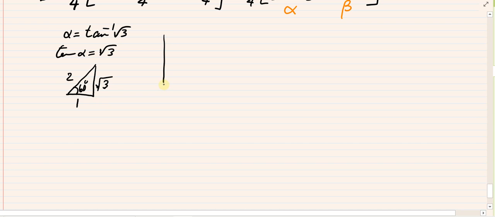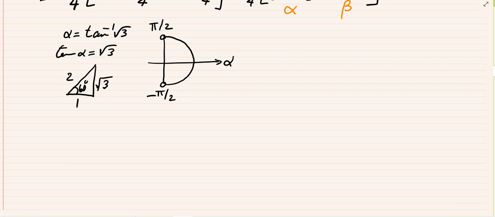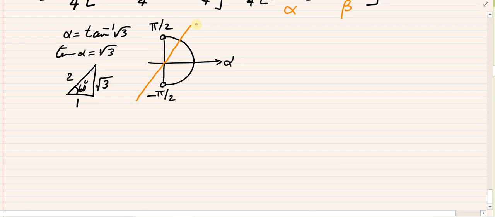Now we're also going to consider the range of the inverse. That's why these half circles I've drawn earlier become meaningful. Here's your alpha, and this goes from negative pi over 2 to pi over 2. From the triangle we know that tangent of 60 degrees is the square root of 3. So that's pi over 3, also 4 pi over 3, and those both have tangent square root of 3.